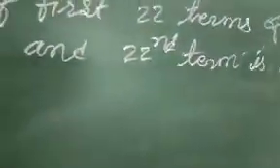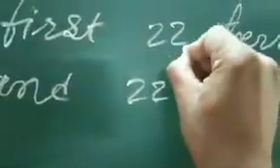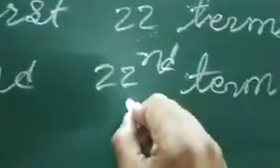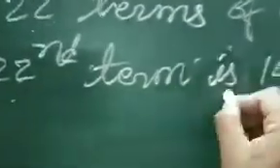It means number of terms we have and it is also the last term. The 22nd term is 149, so it is the last term, it means it is an, and here d is equal to 7. So this data is given in this sum.